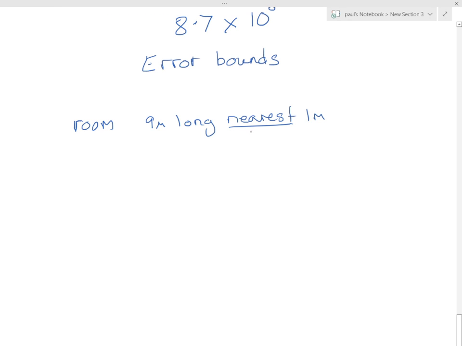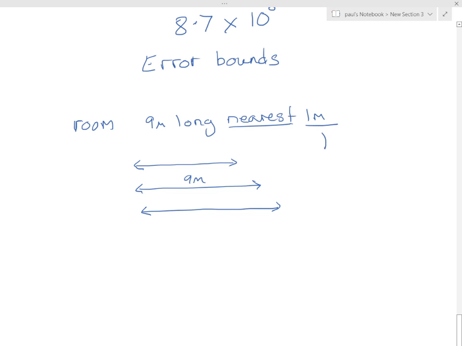You will always find that phrase in the question so that you know it is an error bounds question. So this is the tolerance. You have a tolerance of 1 meter, and what this means is there is our 9 meters that we expect the room to be, but it could be a bit shorter and it could be a bit longer.